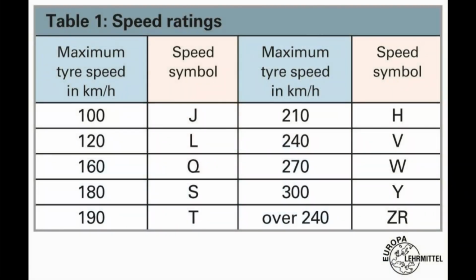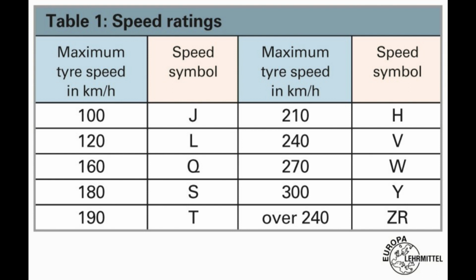There is something I want to show you now. If you check that 100, the speed symbol is J for John. Any tire that has the maximum speed J means you cannot run more than 100. What happens if you run more than 100? The tire will heat up, there will be problems.